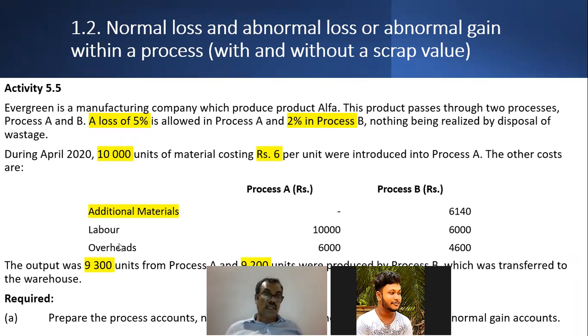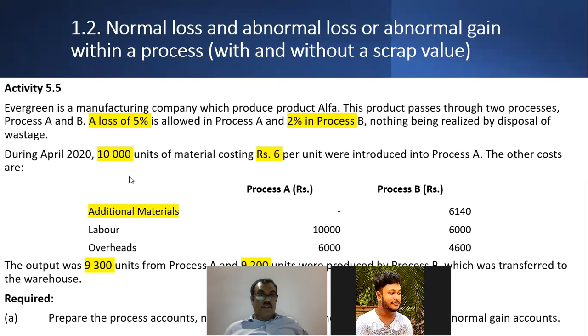We do not know the quantity. Labor this much, overheads this much. The output of process A is 9,300, process B 9,200.